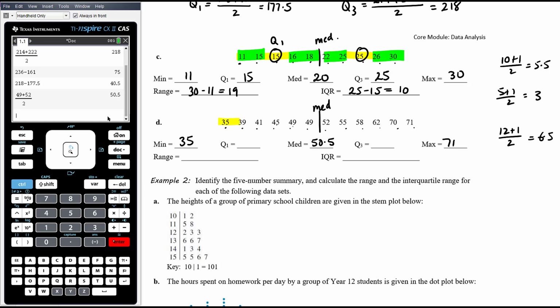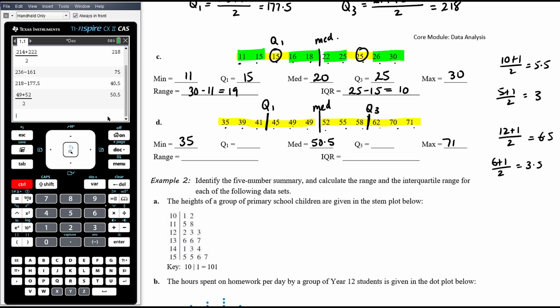Alright, then looking at the first half of the data, you have 6 pieces of data there. The middle of 6 pieces of data is going to be 7 divided by 2, 3 and a half, so between the 3rd and the 4th, so Q1, and then looking just at the second half, between the 3rd and the 4th of the second half is going to be Q3.